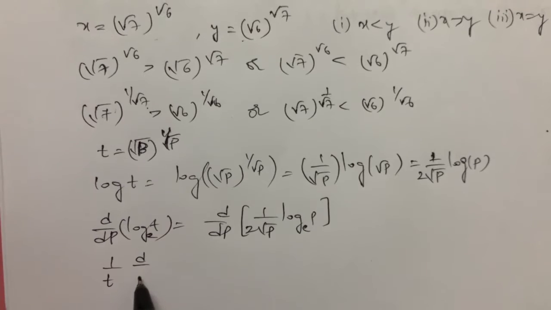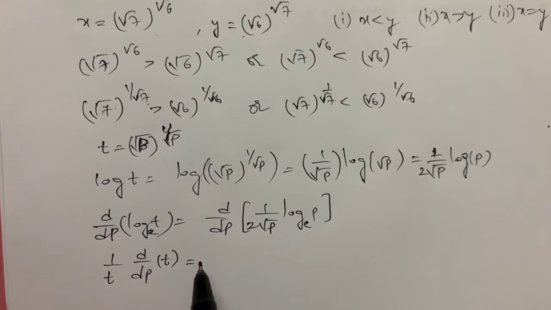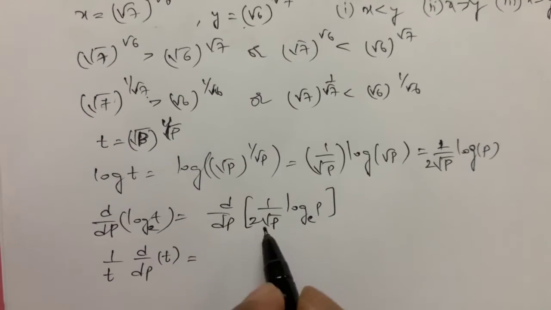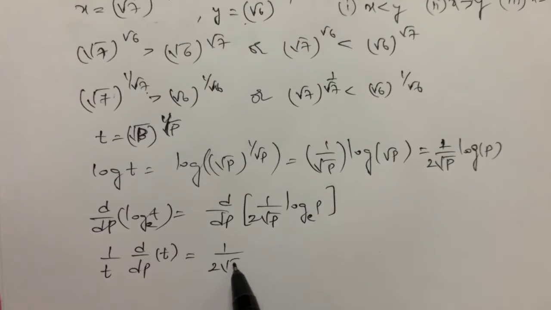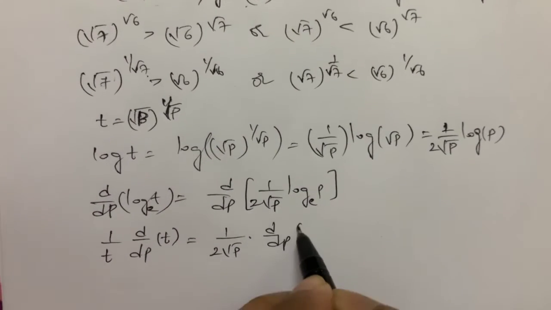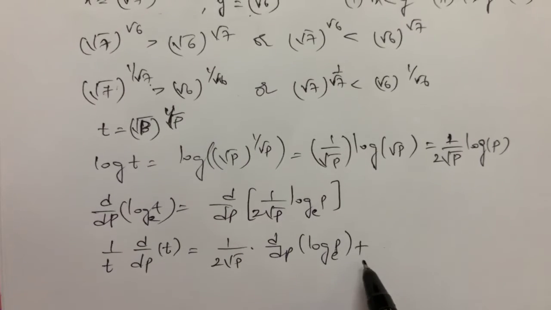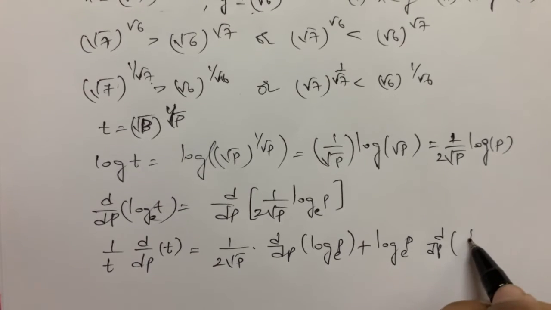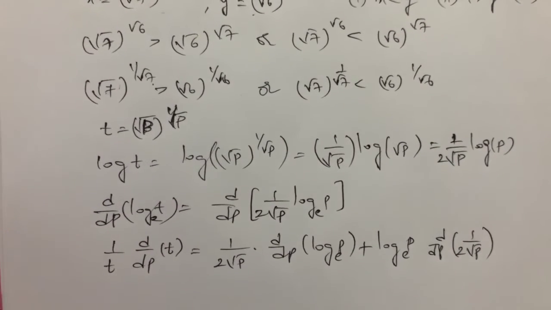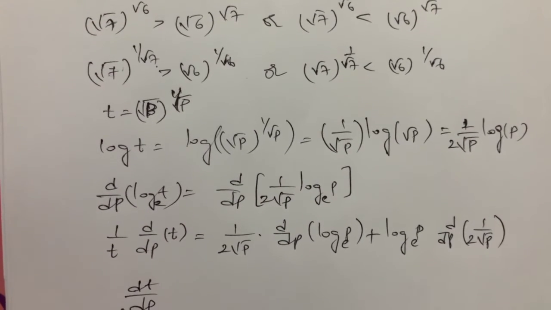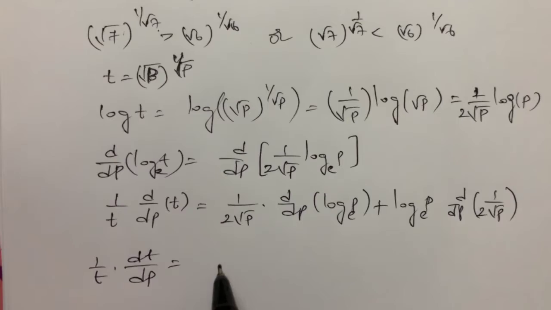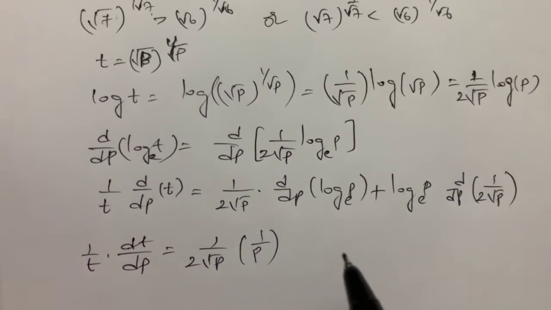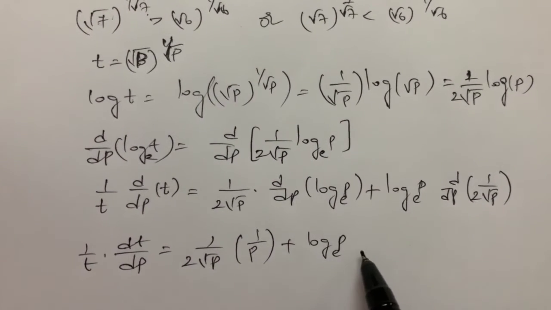So 1 by t into dt by dp is equal to, here it is uv, 1 by 2 root p into d by dp of log p plus log p into d by dp of 1 by 2 root p, which is 1 by 2 root p into 1 by p plus log p to the base e.